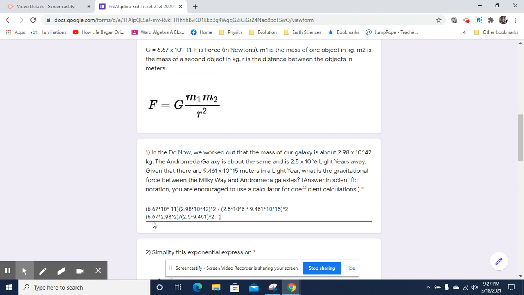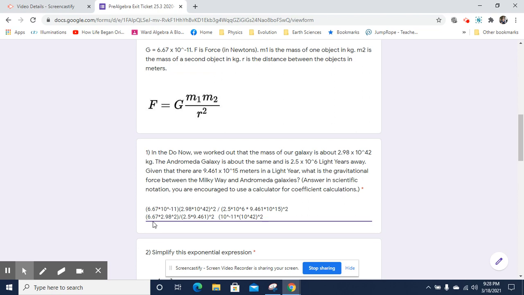So we've got 10 to the negative 11 times 10 to the 42nd. And I'm going to put that in parentheses because that's also squared, because we're using the same mass for both galaxies.